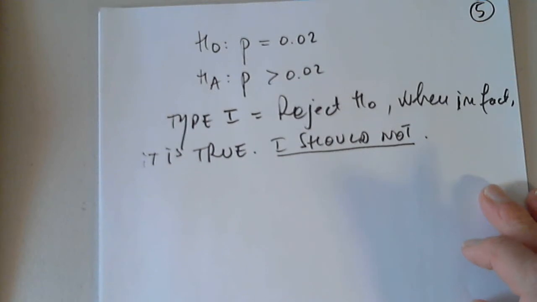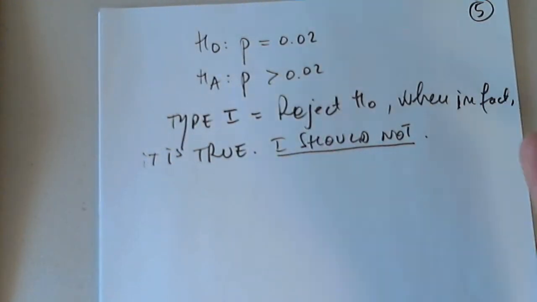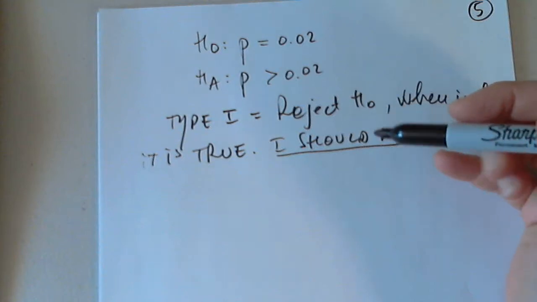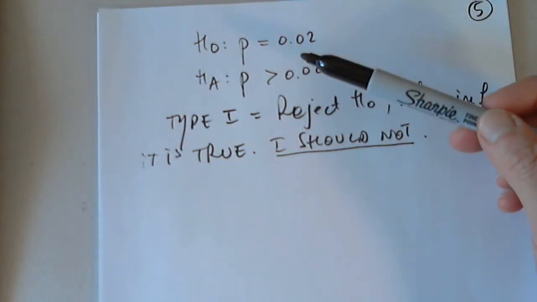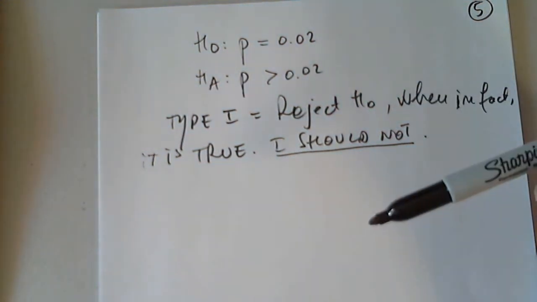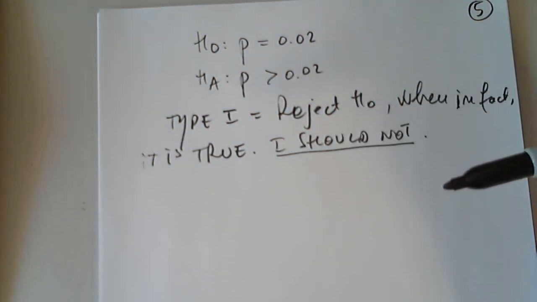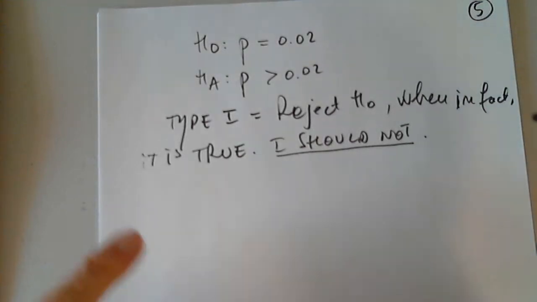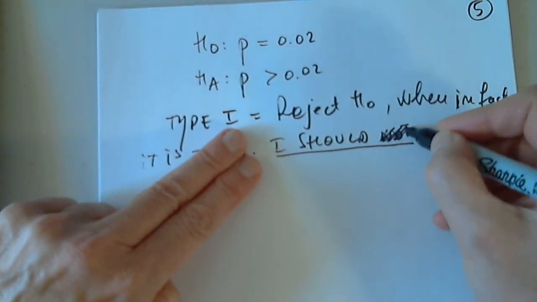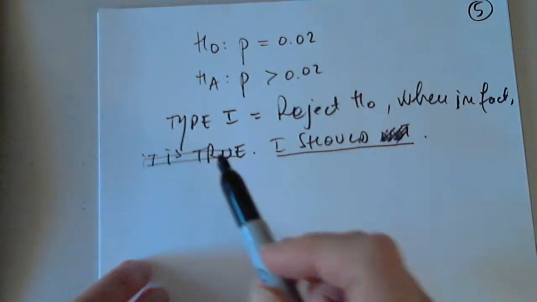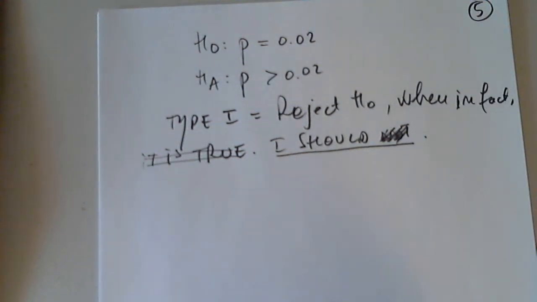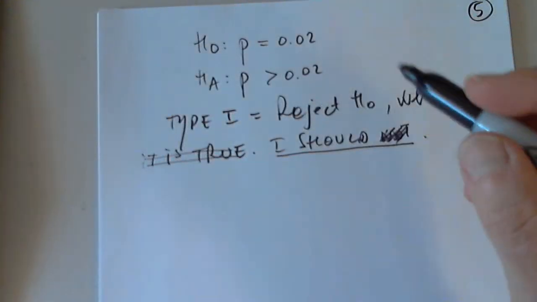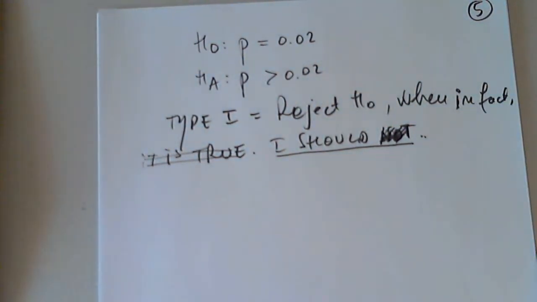Another way of writing it is the sample supports the alternative. So reject the null hypothesis when in fact I should. Sorry. Reject the null hypothesis when in fact it is true. Yes, it is. Everything I wrote is correct.